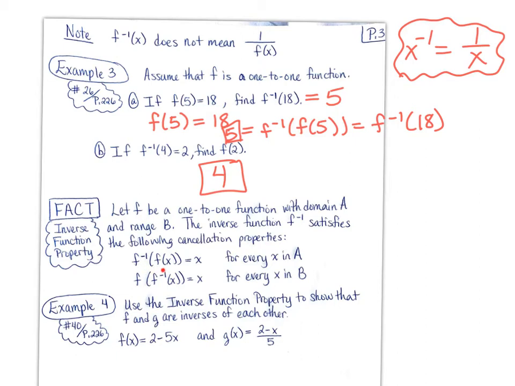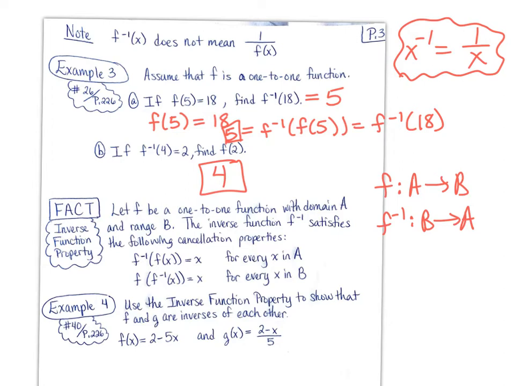F inverse of f of x is equal to x for every x in A, right? Because x first have to go into f, and f goes from A to B. Then f of f inverse of x is equal to x for every x in B, right? Because B is the domain of f inverse. So f sends A to B, f inverse sends B to A. Okay?